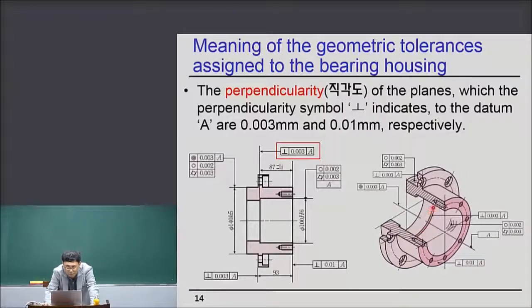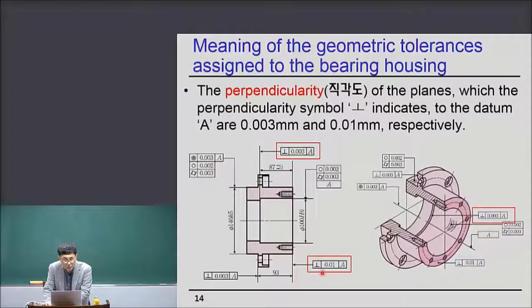The perpendicularity of this plane to the datum A, where datum A is the axis of the cylinder whose diameter is 100, is 0.003, 3 microns, a very tight geometric perpendicularity.